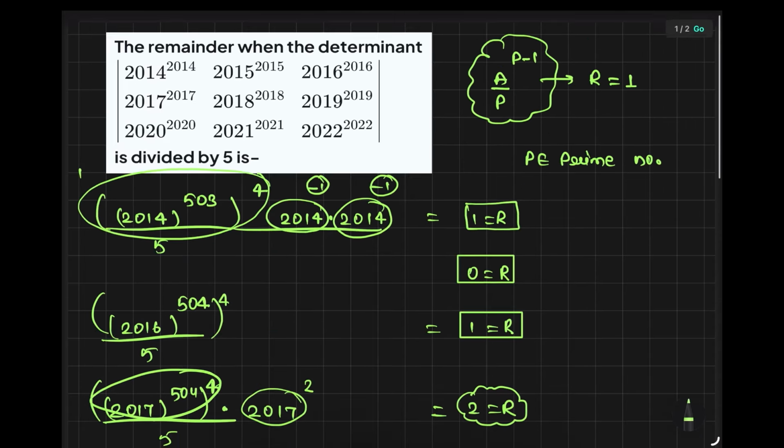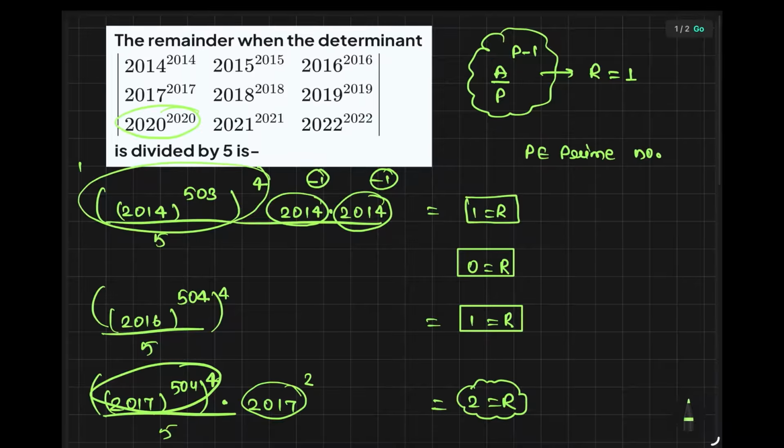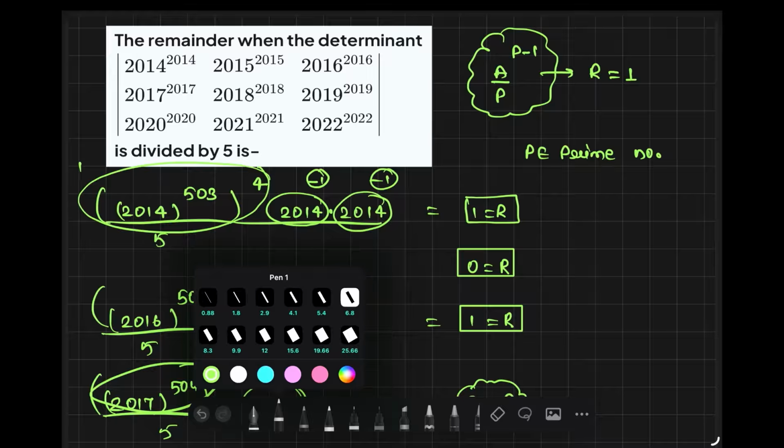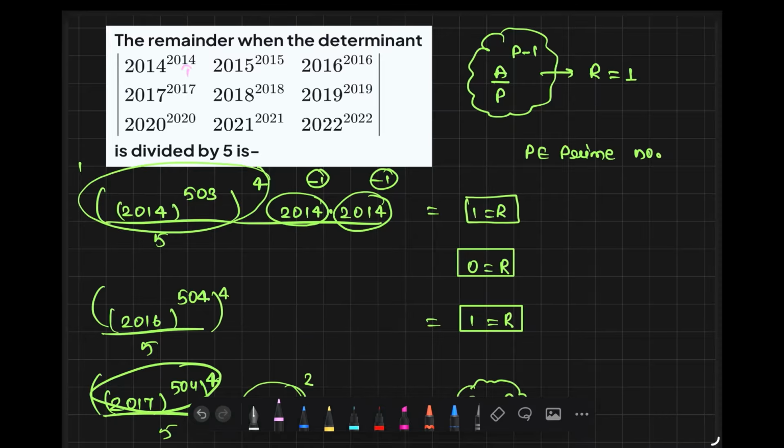Now 2019 is done. For 2020, here you will get 0. So this is your row 1, 0 and 1.